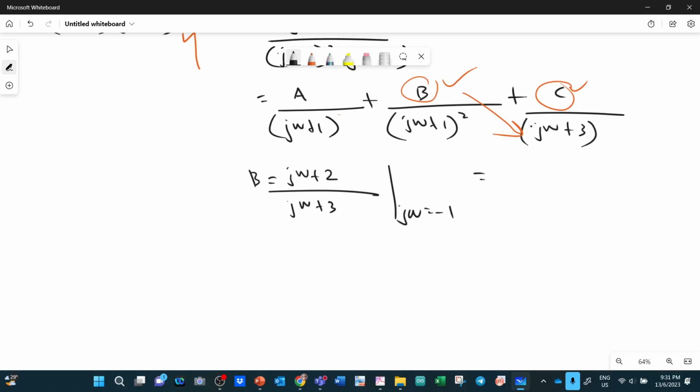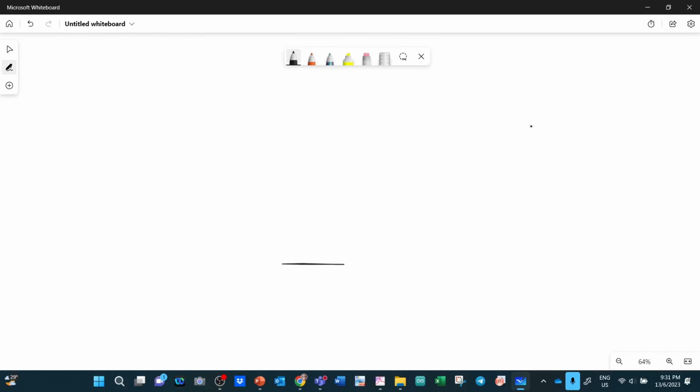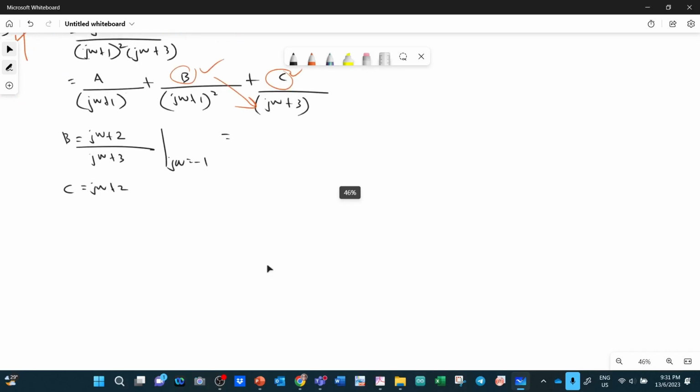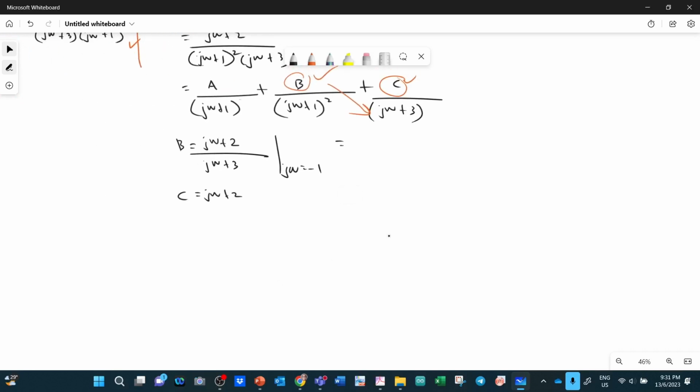So find that value. For C, you have jω+2 divided by (jω+1) squared, with jω equal to minus 3.